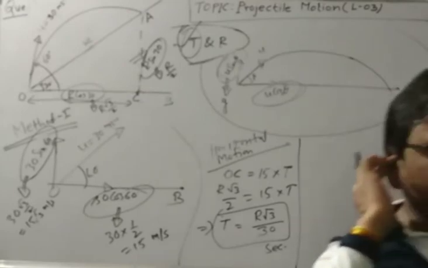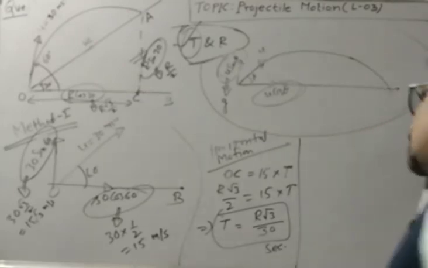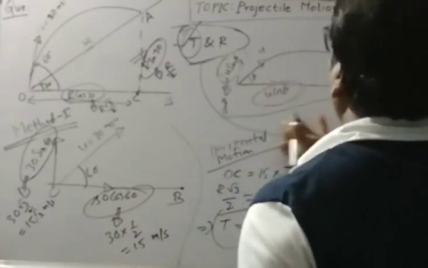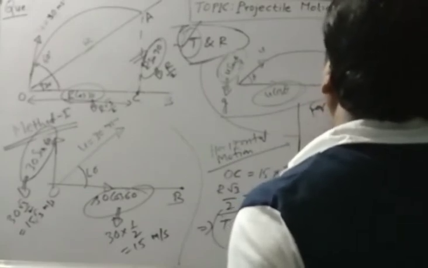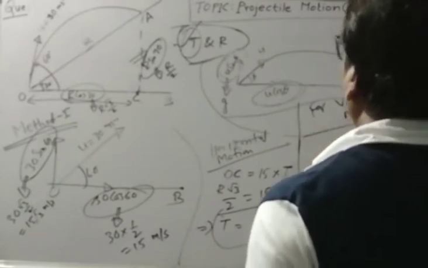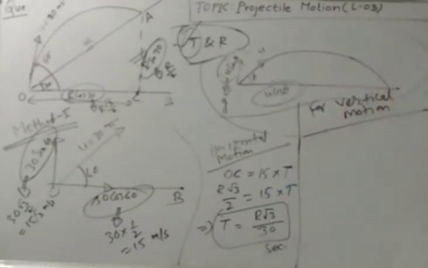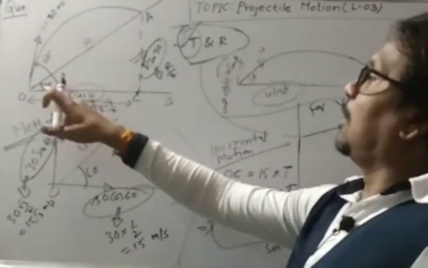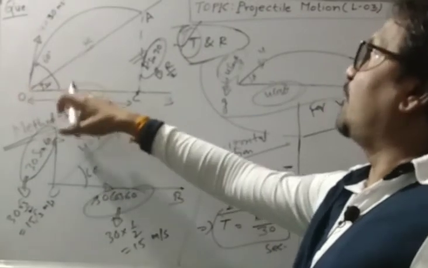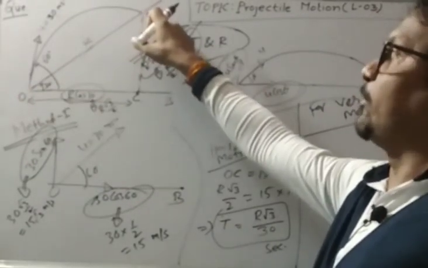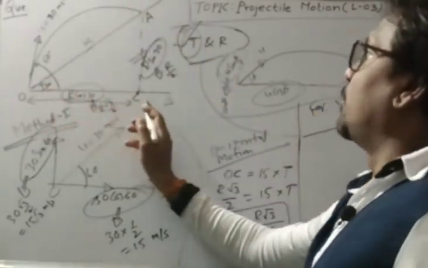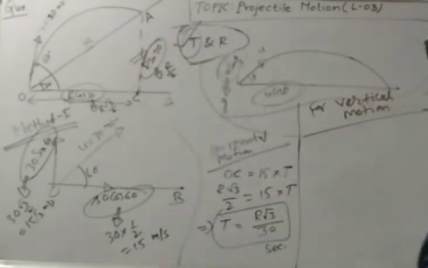Okay, dear. So now we will consider vertical motion. For vertical motion, the distance travelled in the vertical direction: initially the projectile was at O and finally it reaches A, and during this movement the net vertical distance is equal to CA, that is R by 2.